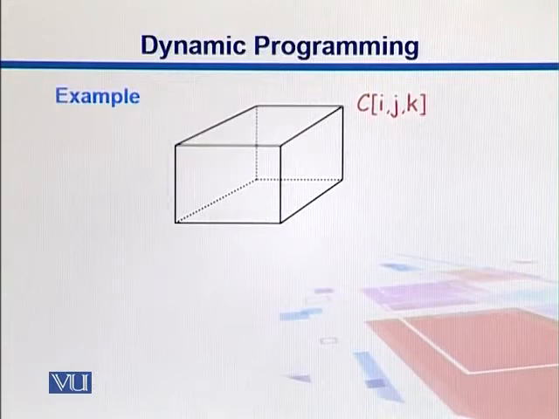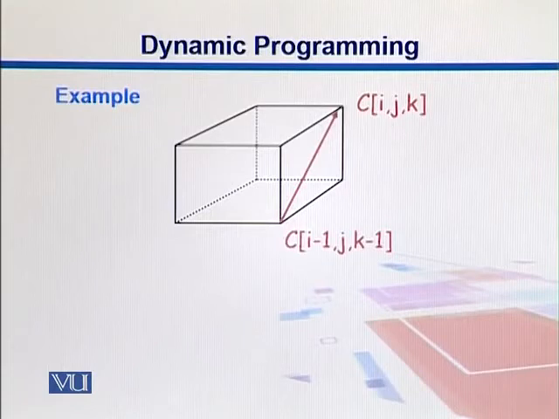So here is a cube. Every dimension is represented by one of them. One face or side is i, the other one is j, the other one is k. So actually we are in a 3-dimensional space. We can come to C(i, j, k) from this bottom rightmost corner.